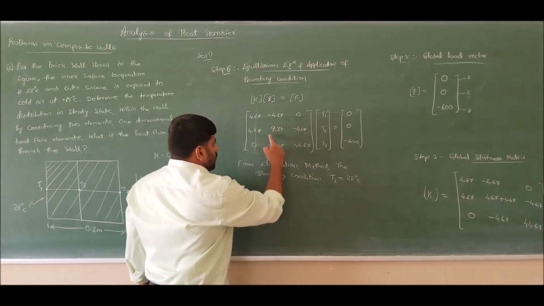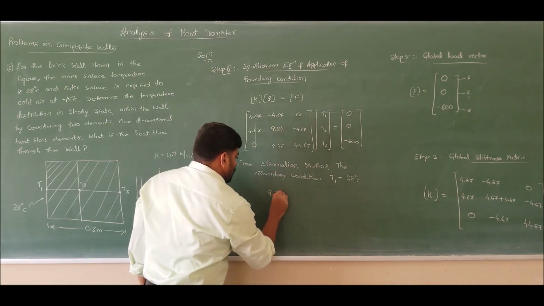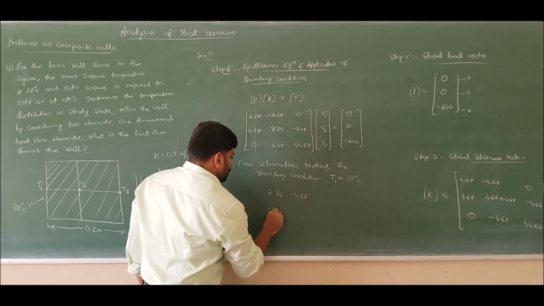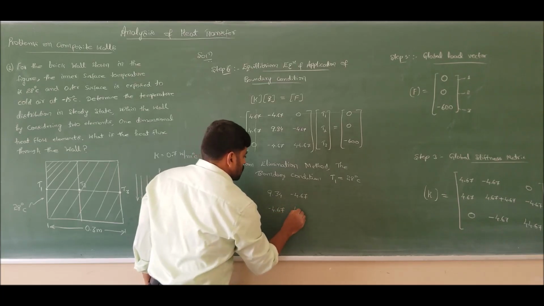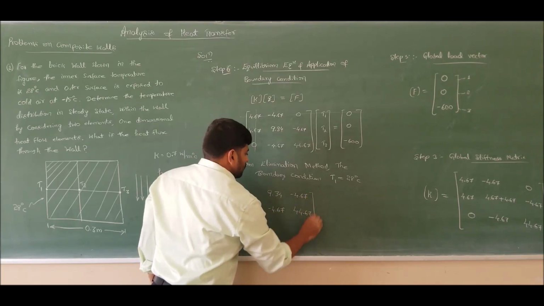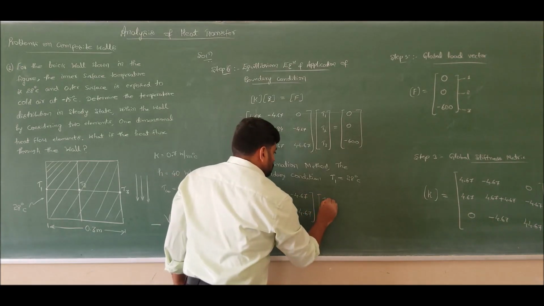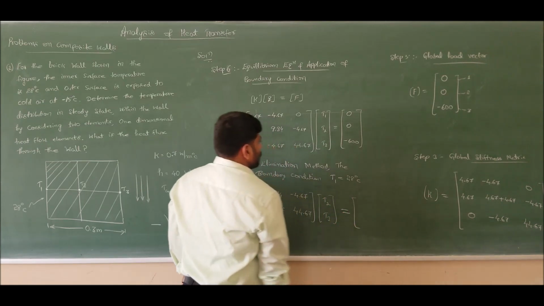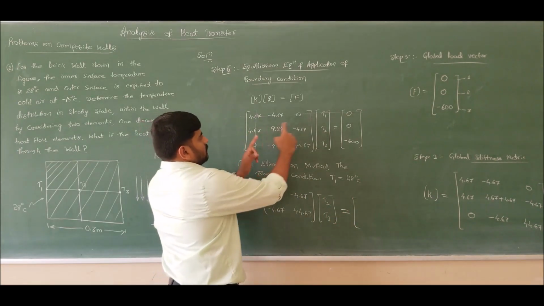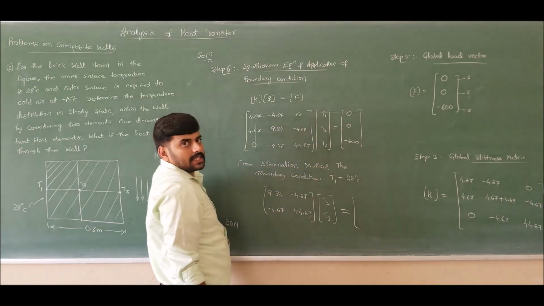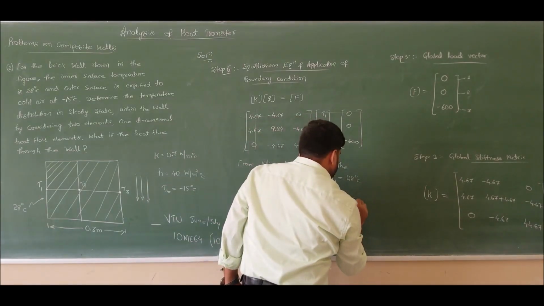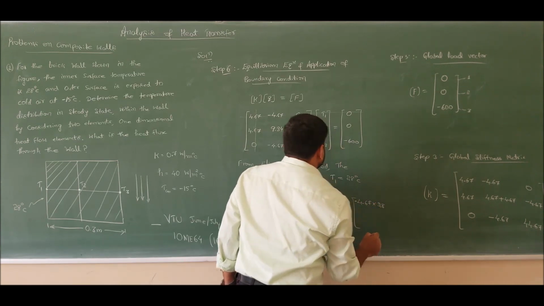If I do that, I am left with 9.34, minus 4.67, minus 4.67, 44.67. The temperatures to be determined are T2 and T3. This is equal to, so now multiplying 4.67 with T1 and taking it to the right hand side, I will get 4.67 into T1, that is minus 4.67 into 28.